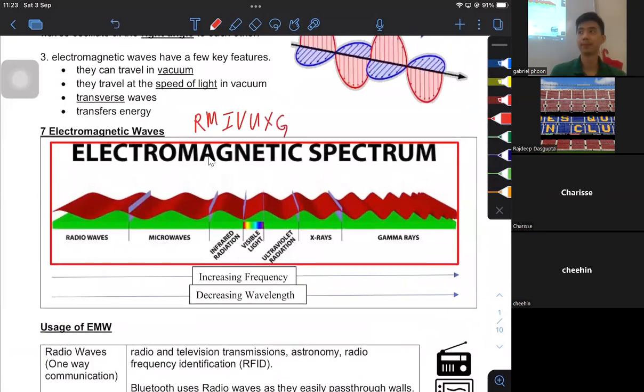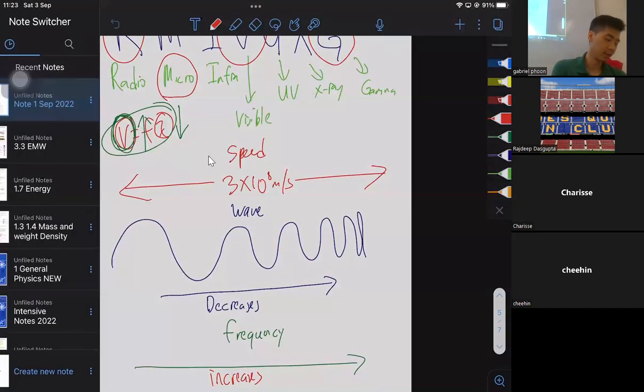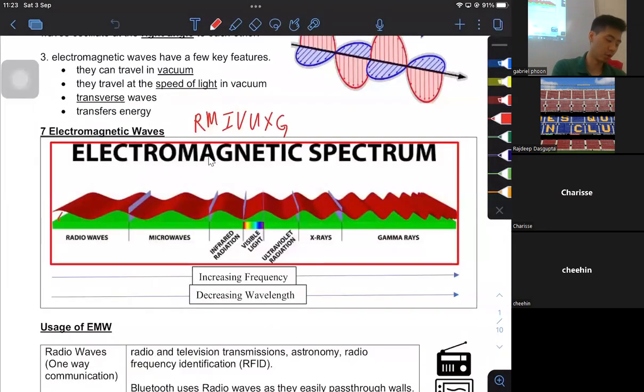Sorry, right? You're expected to draw. You don't need to draw so nicely, you can draw like what I drew here. Just try to draw the waves. This wave part is important to me. Then after that, you label each and every one of them. Then you know that when you have a decrease in the wavelength here, you have an increase in frequency, guys.